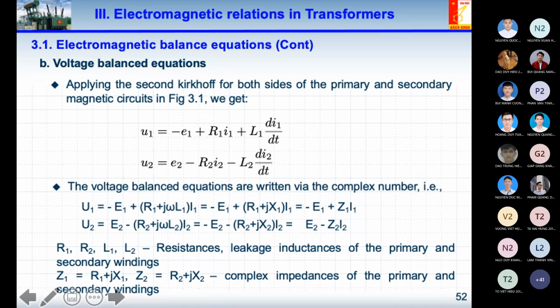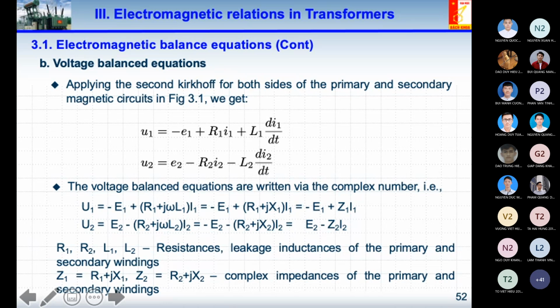And to answer these questions, first of all, we have to consider two different cases. In the first case, we consider that the output of the transformer is not connected to the load. It means that the secondary winding of the transformer is open.